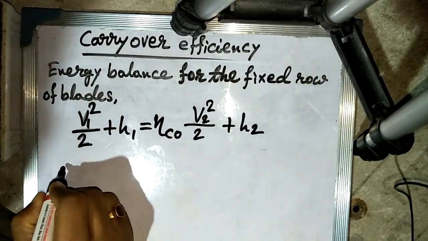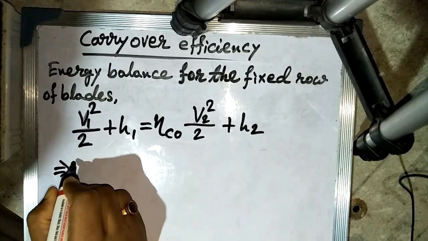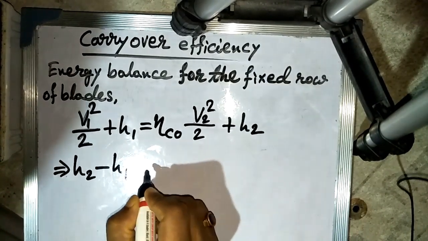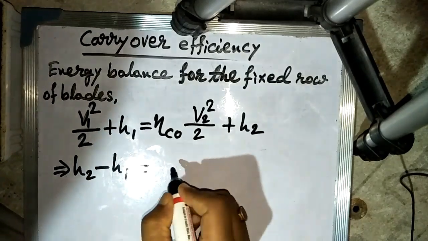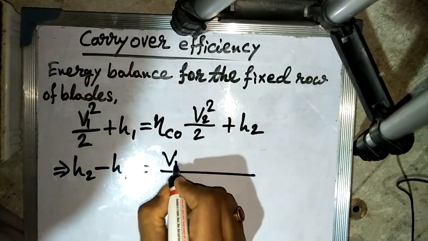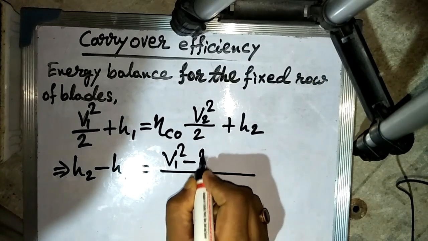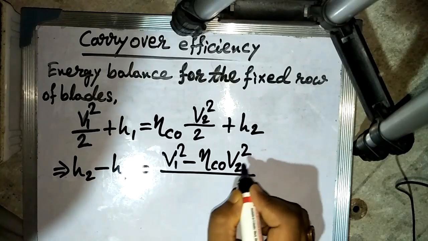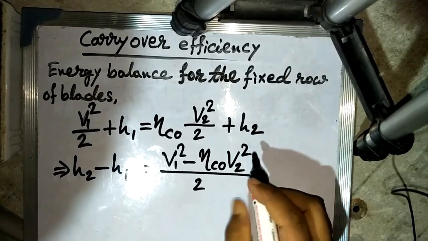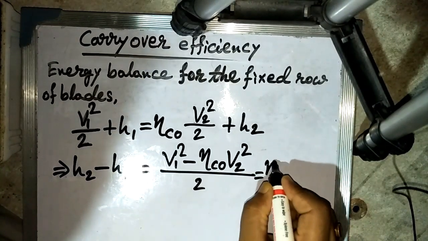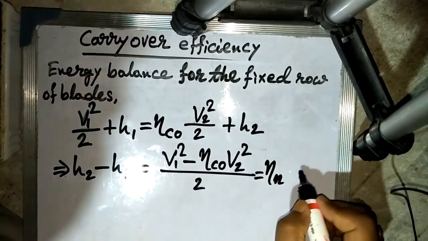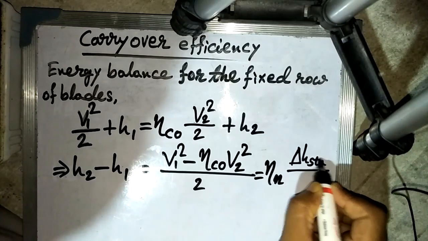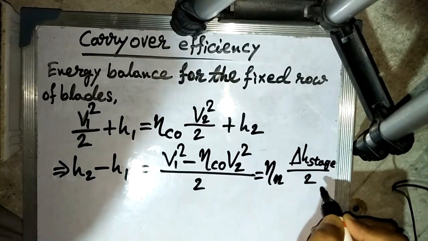So by rearranging this expression, we can write H2 minus H1 is equal to V1 square minus carryover efficiency into V2 square by 2, and that is equal to eta n into stage enthalpy drop by 2.